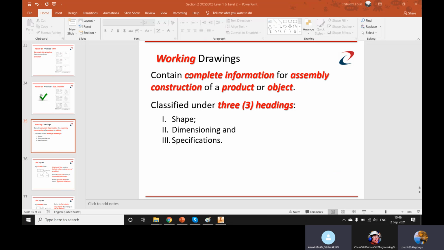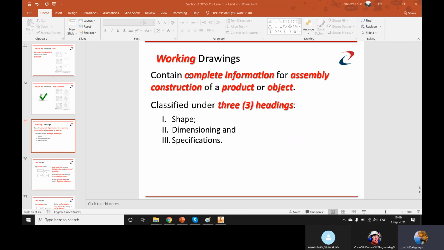The working drawing is like the complete information. It is made in such a way that if I have the working drawing, I should be able to not just interpret the drawing but also reproduce it. It means it should have all the information for me to be able to reproduce it. If you give a drawing and you don't tell them the dimension, that's not complete information.